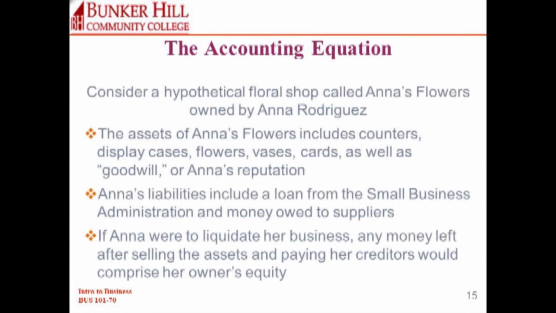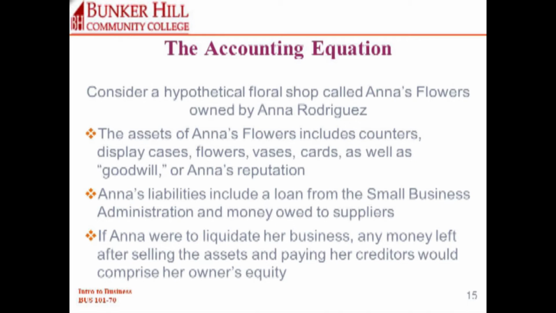The accounting equation can be best exemplified using this example that they gave you. There's a flower shop owned by Anna. Creatively, she called it Anna's Flowers. So the assets of Anna's Flowers can be all of the things in her storefront: the counters, the refrigerators, display cases, flowers, vases, cards, the wrapping paper, anything of value that is in her storefront. Her liabilities could include a loan, in this case from the Small Business Association or the SBA, and money that she owes to the flower people that she bought the supplies from.